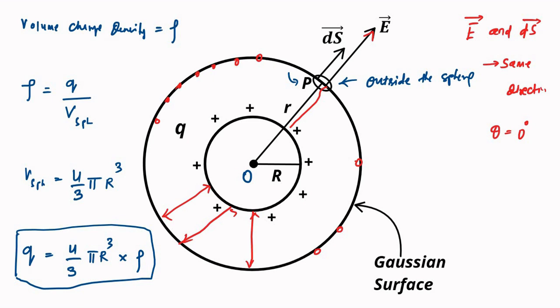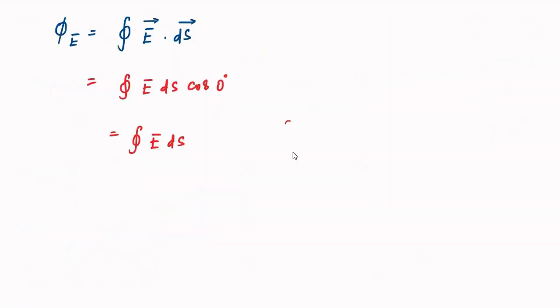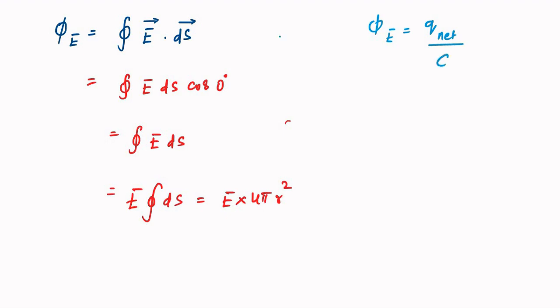So E will go outside the integration, and this will become the integral of dS. Now area of a sphere is 4 pi r square, the radius being small r. So this is the electric flux. But we also know that electric flux as per Gauss law is equal to Q net by epsilon 0.